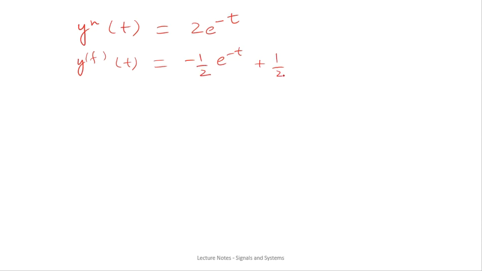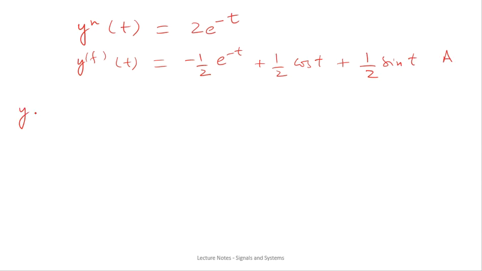In the previous example for the same circuit we obtained the natural response as 2 e raised to the power minus t amps, while in the next example where we calculated the forced response, we got minus e raised to the power minus t plus half cos t plus half sin t amperes.